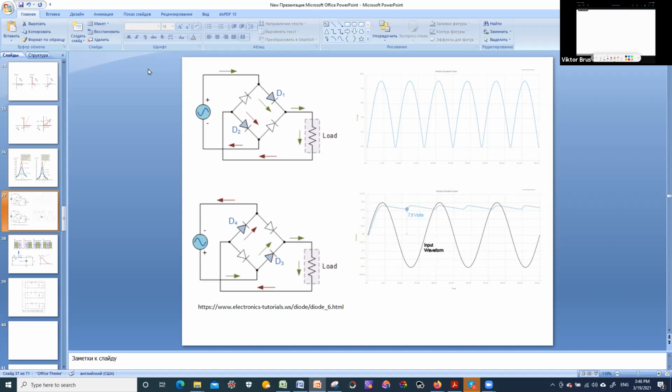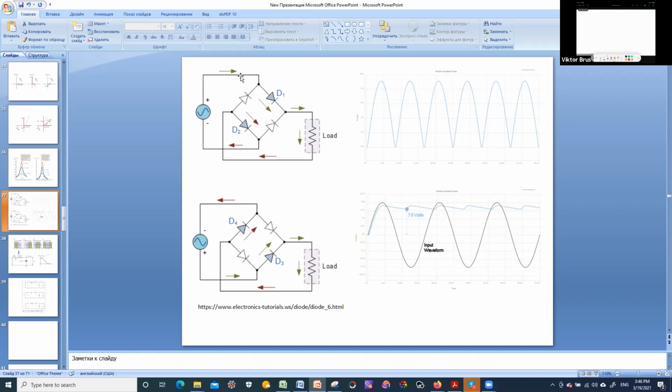For instance, here we see, let's say, the polarity in the first half of the period, we have plus and minus. This arrow of the diode shows where current will flow when we have plus here and minus here. So current will flow in this direction. So this diode is closed, you see. Here we have plus and here minus, and this polarity is called reverse polarity for this diode.